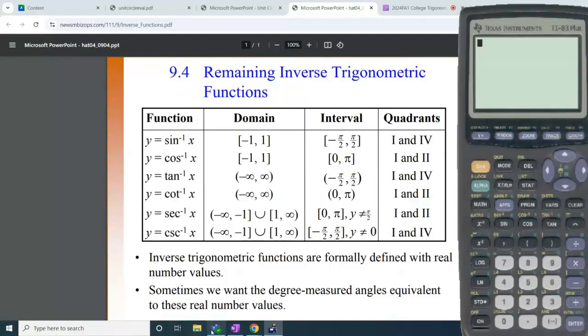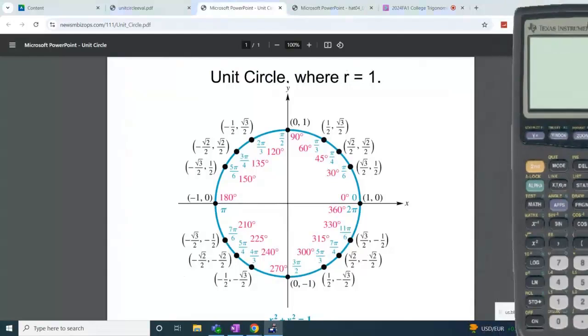I'm going to bring up the unit circle, and I actually need to write on this.